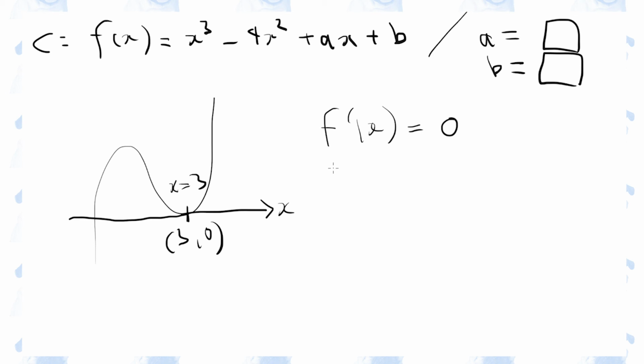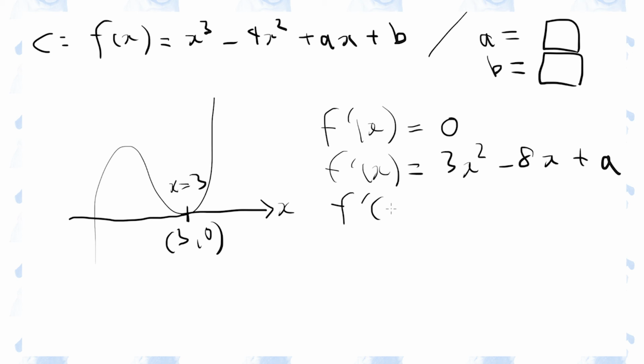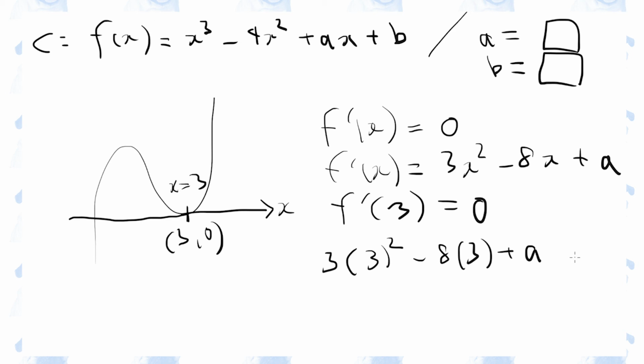Let's first of all find f dash of x by differentiating this function. f dash of x is 3x squared minus 8x plus a. Let's set f dash of 3 equals 0, and let's solve for a. 3 times 3 squared minus 8 times 3 plus a is 0. 27 minus 24 plus a is 0.